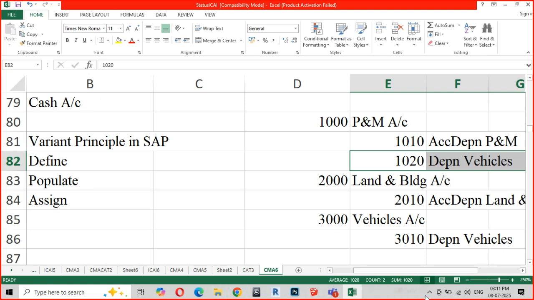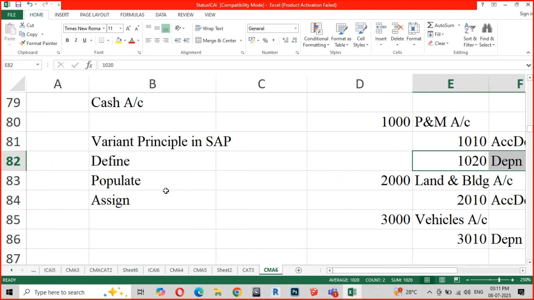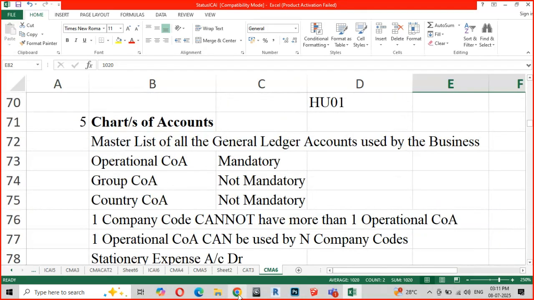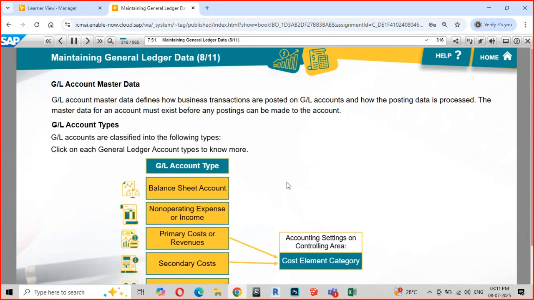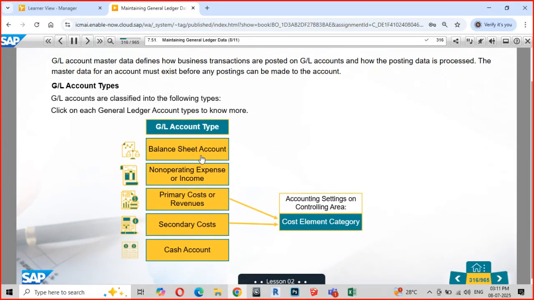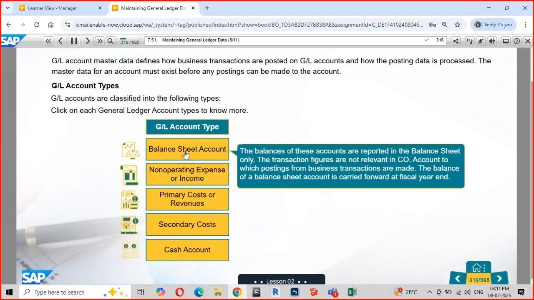Now, what do we have in the course content? Balance sheet account. He has asked us to click. You may really not be able to understand each and every word of whatever you're seeing. Do not worry. All right.